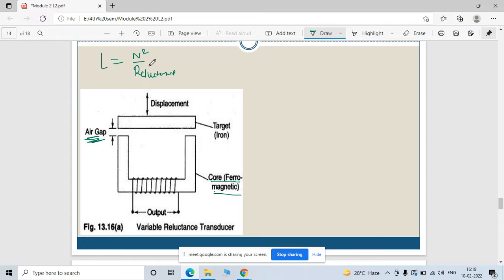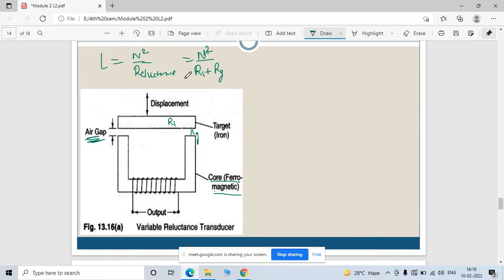Here there are two reluctances: one is the air gap reluctance, and the other is the iron part reluctance. So this equation is nothing but N square by (Ri plus Rg).